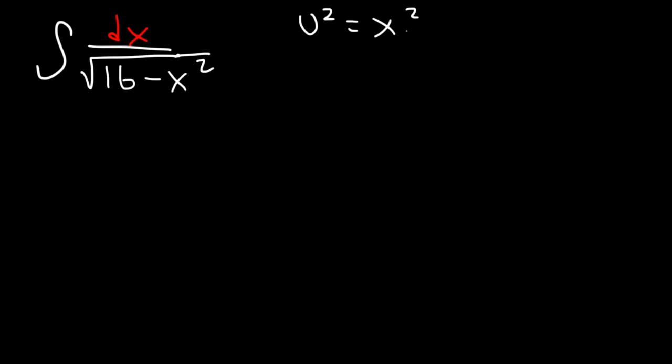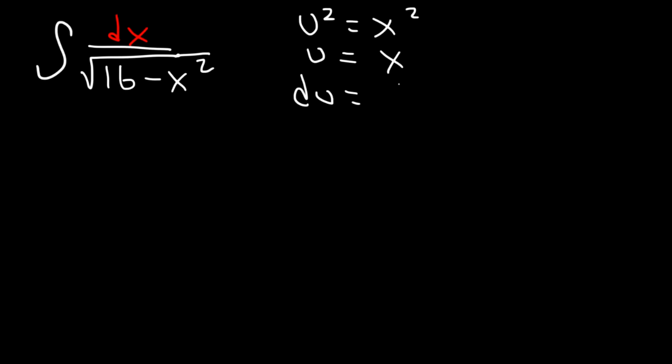So let's start with this example. What is the antiderivative of dx divided by the square root of 16 minus x squared? So what do you think we should do? Well, first, we need to identify the values of a and u. U squared is x squared, which means that u is equal to x if you square root both sides.